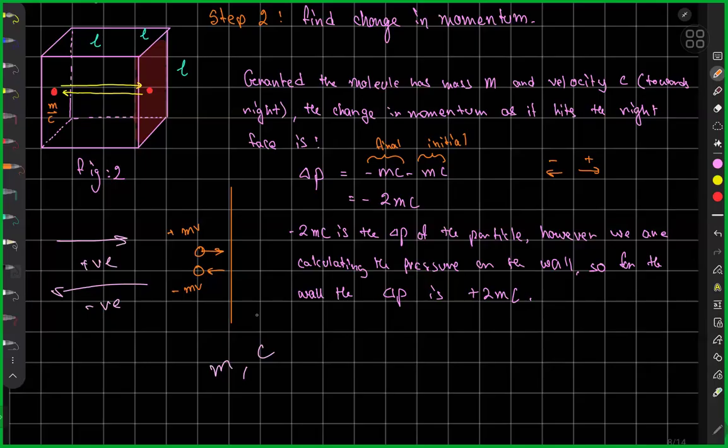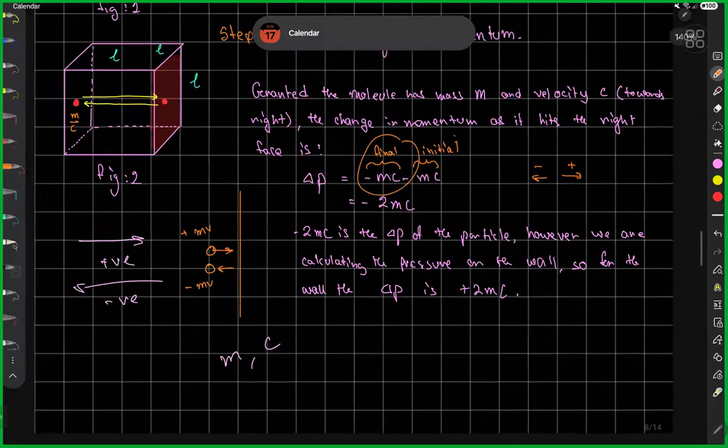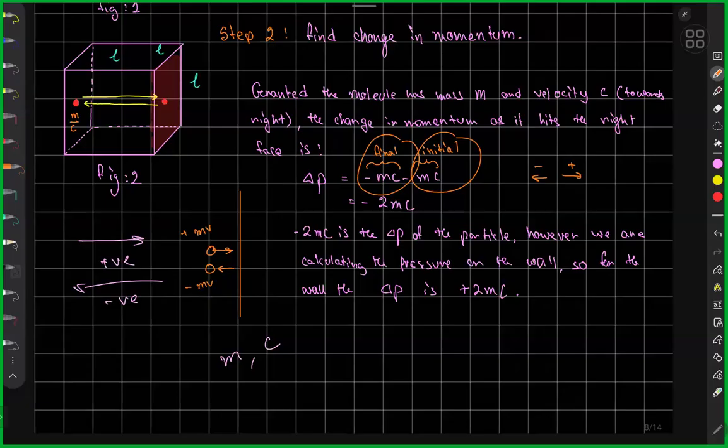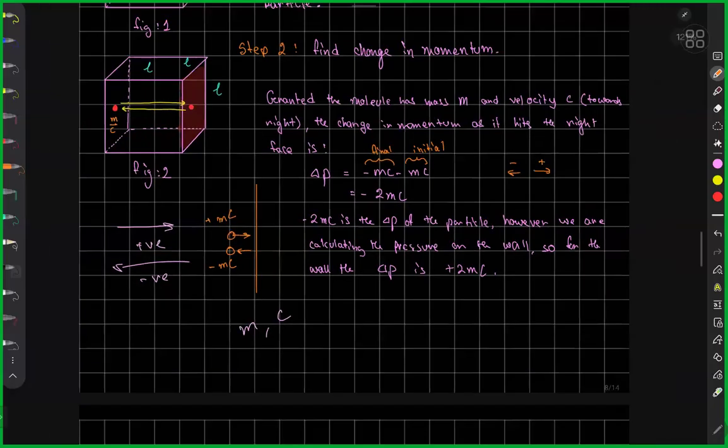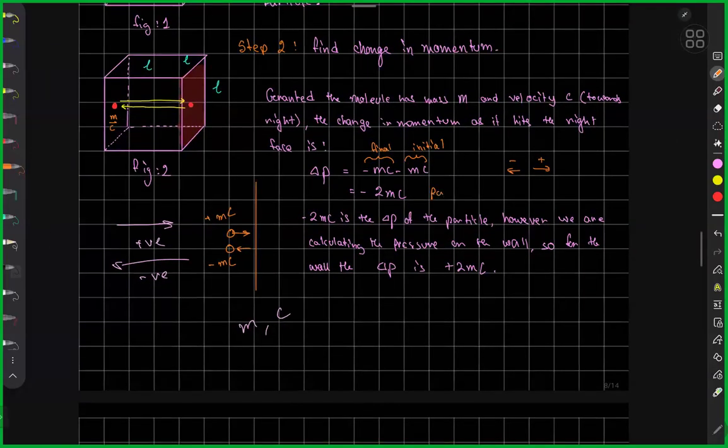What is the change in momentum? Final minus initial. I'm describing the velocity as c. Final is -mc, initial is +mc. What is the change in momentum of the particle? Negative 2mc. Clear? This is the change in momentum of the particle.